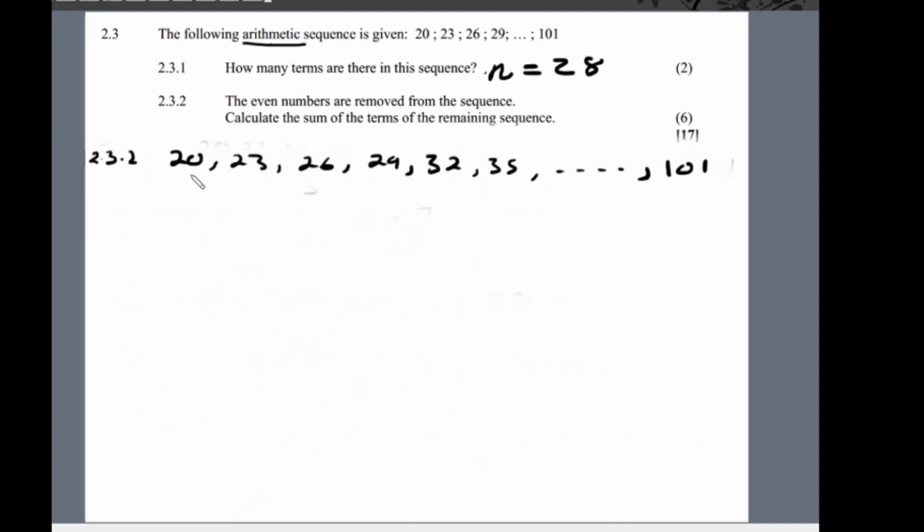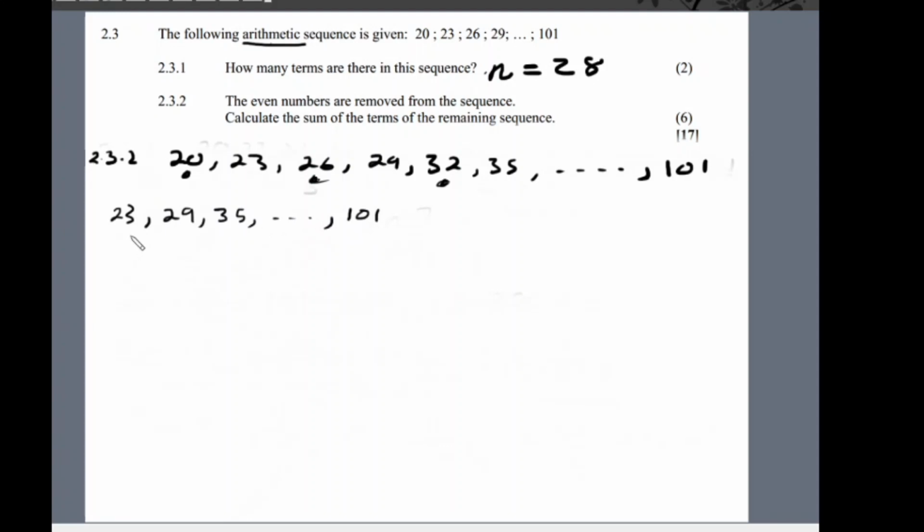we are removing this even number, that even number, and that even number, right? I must say the last term is not an even number, so we have it there. The terms that are remaining now will be 23, 29, 35, all the way to 101.